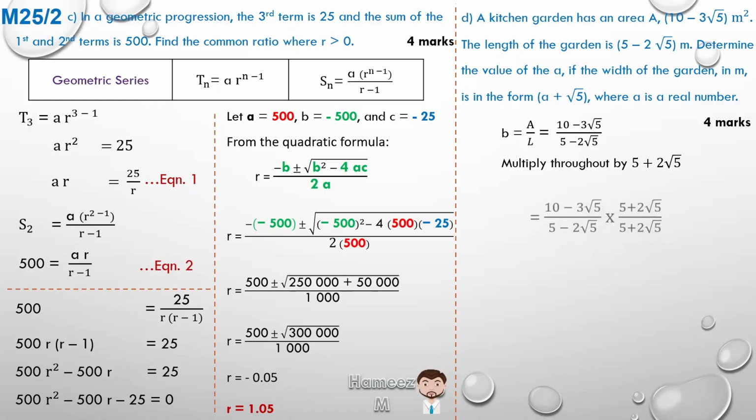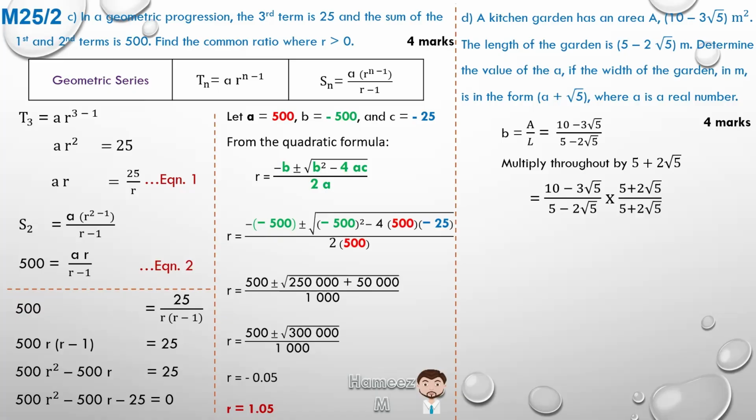Then B, the breadth, is 10 minus 3 root 5 all over 5 minus 2 root 5, multiplied by 5 plus 2 root 5 over 5 plus 2 root 5, which actually reduces to 1.